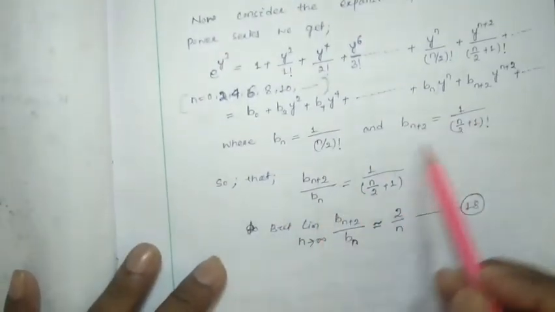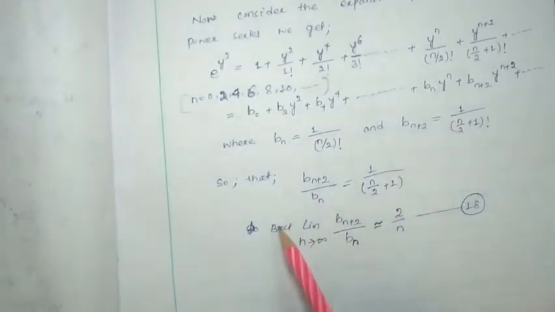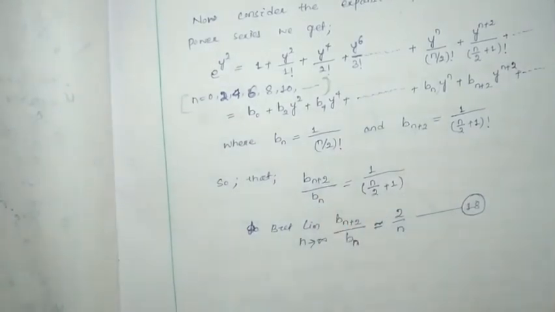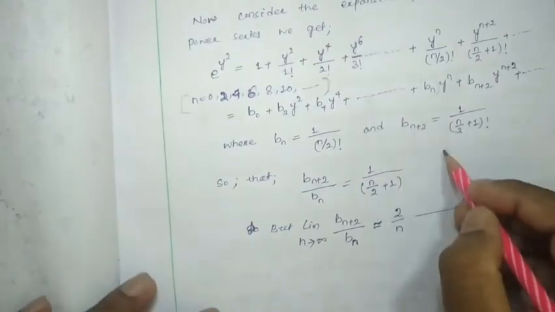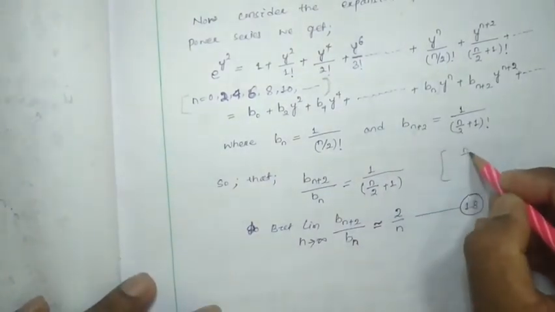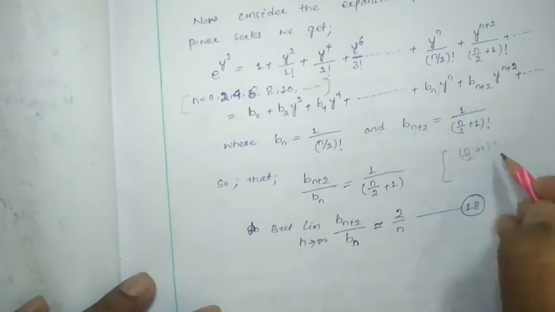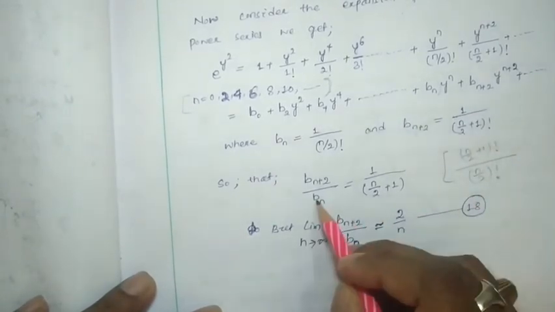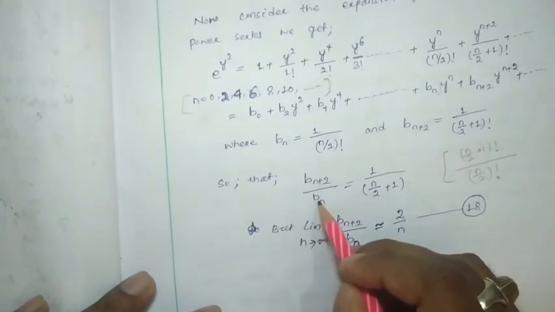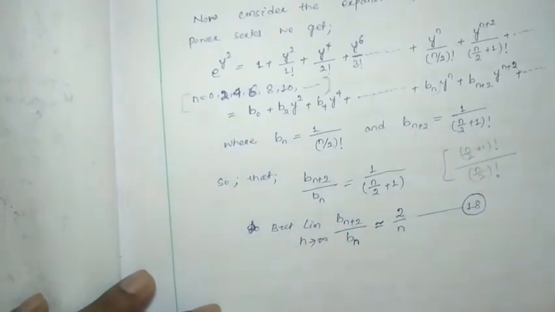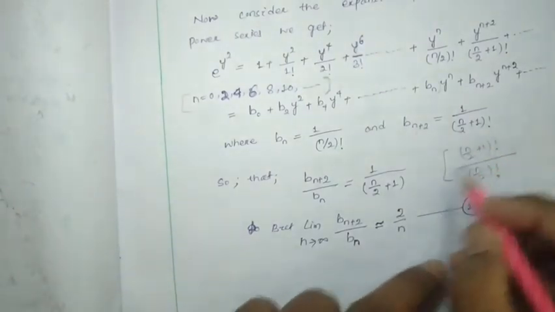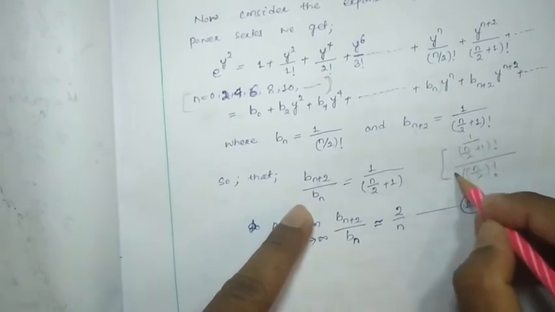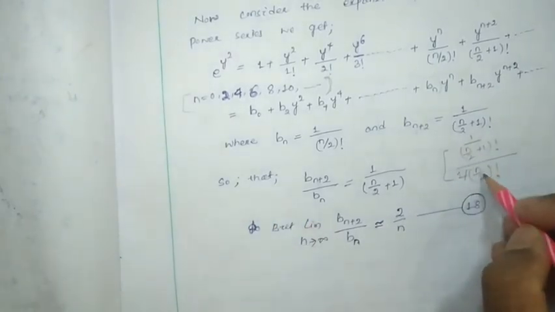So now bn plus 2 by bn, how much will it be? See, bn plus 2 is 1 by n by 2 plus 1 factorial, and bn is 1 by n by 2 factorial.